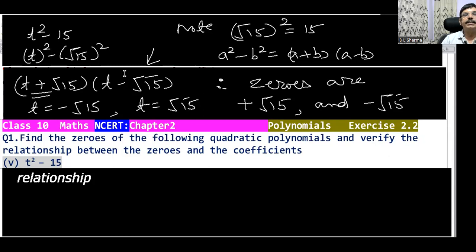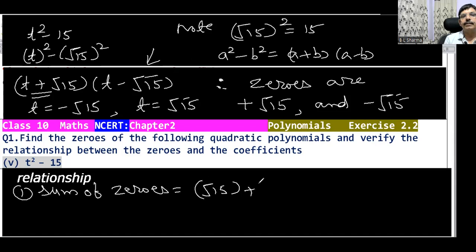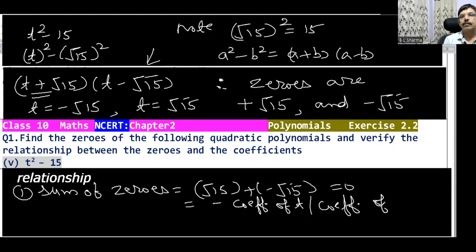And the first relationship is, number one, sum of zeros. देखिए plus root 15 and minus root 15, that is 0, and that is equal to negative of coefficient of t upon coefficient of t square. देखिए यहाँ पे इसमें टी का कोई कोएफिशिएंट नहीं है.